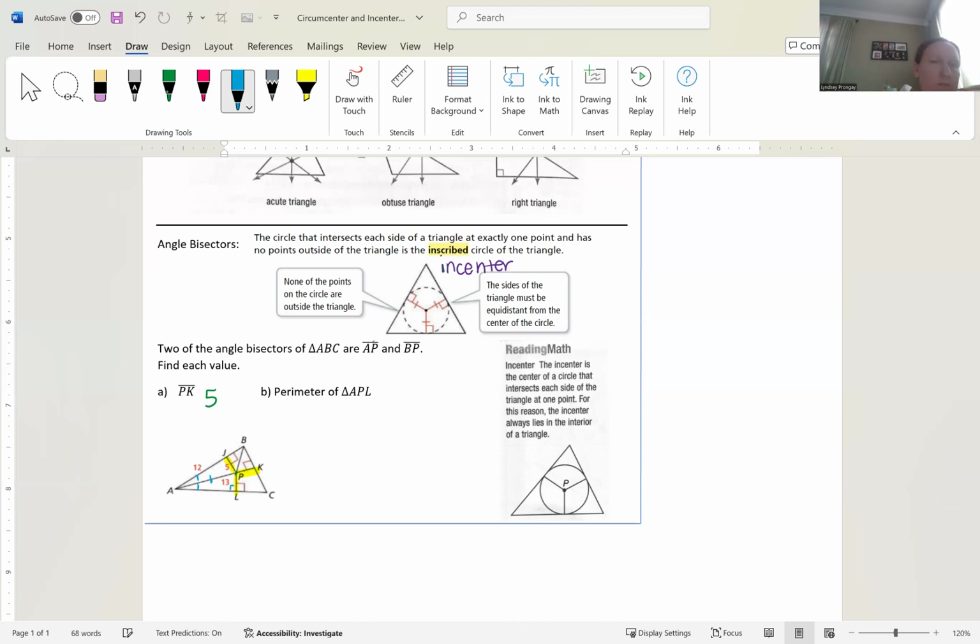And because these are right triangles over here, we can prove that those two things are congruent by angle, angle, side. And the reason that's important is because now, if they're congruent by angle, angle, side, this piece that is 12 right here would match with this piece right here. So this is also going to be 12.